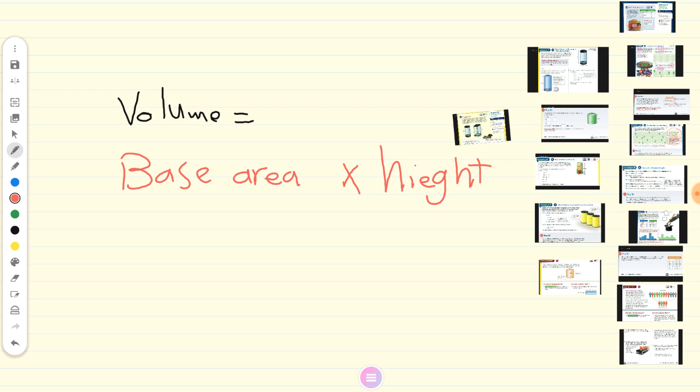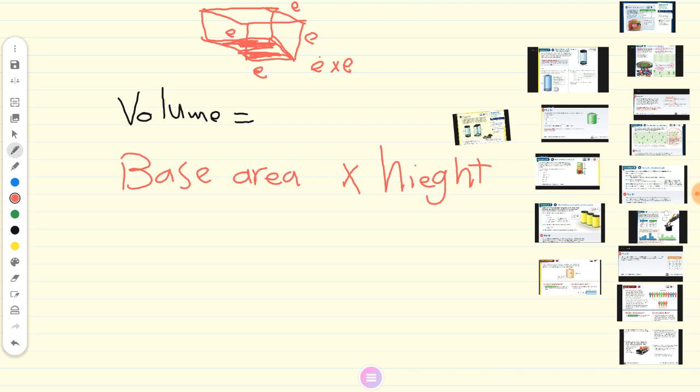Take a cube, for example. All sides or edges, as you know, are equal. If we call them E, all edges are equal. So volume equals base area times height. If you consider this one the base, it's the shape of a square, so the area of a square equals edge times edge.